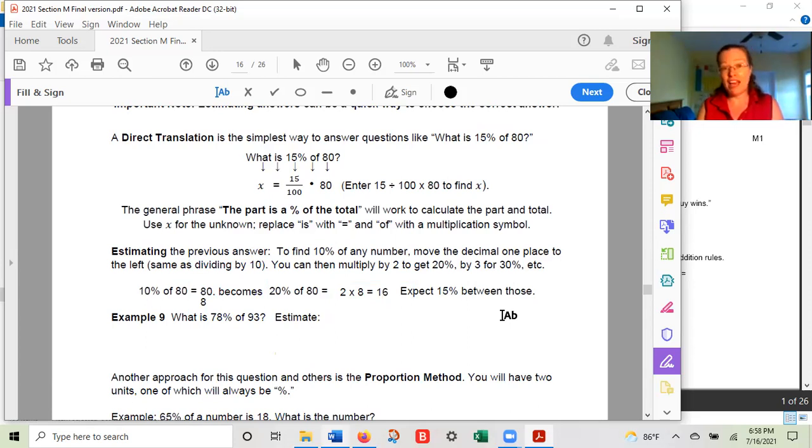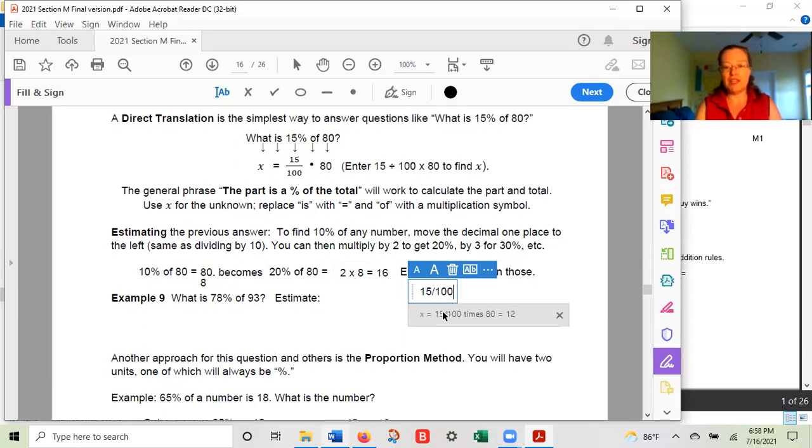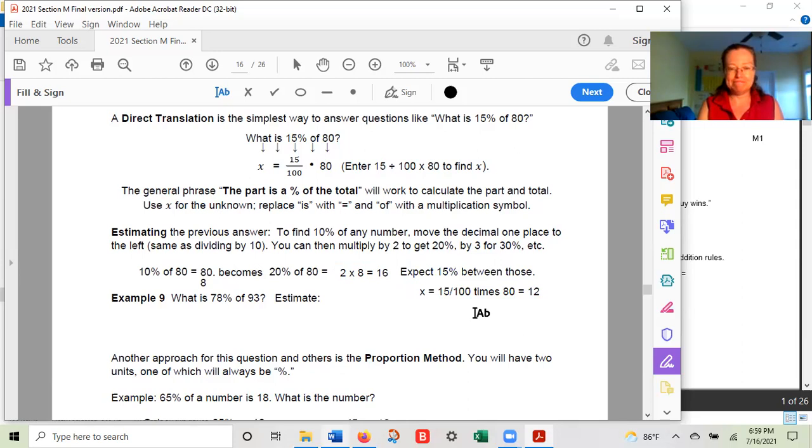In fact, it'll be halfway between. So hopefully, when you did 15 divided by 100 times 80, you got the answer of 12. And that is halfway between 8 and 16.